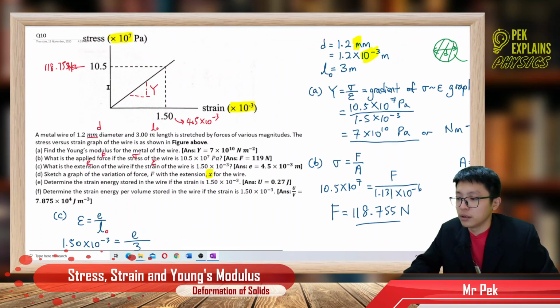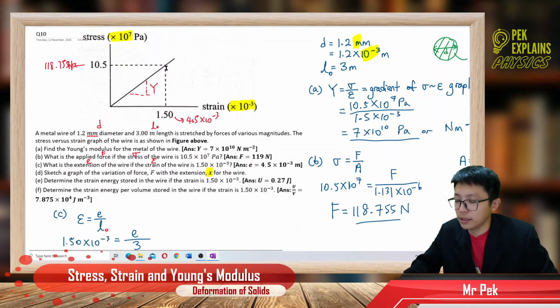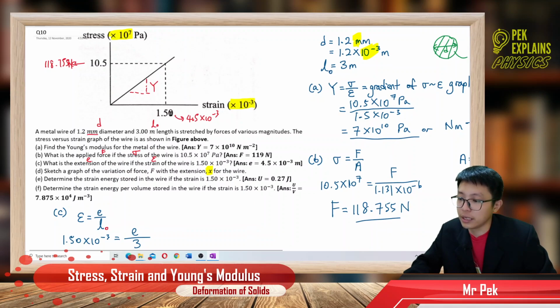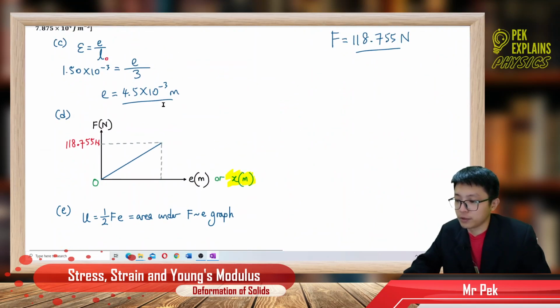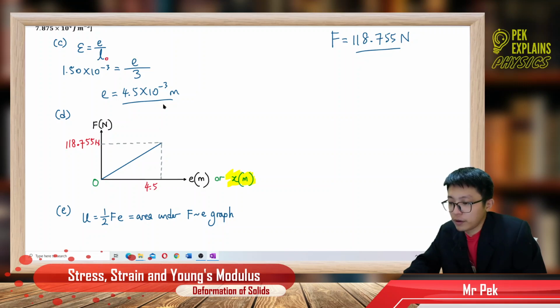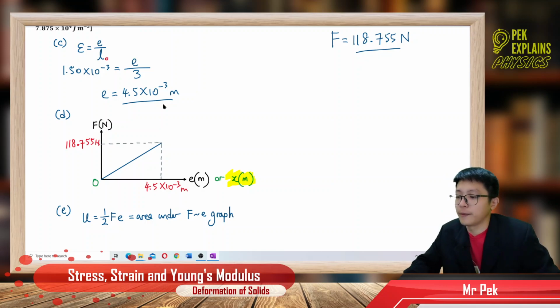Now how about the strain? For this stress, it has this strain. This strain is 4.5 exponent negative 3 elongation, 4.5 exponent negative 3 meter.